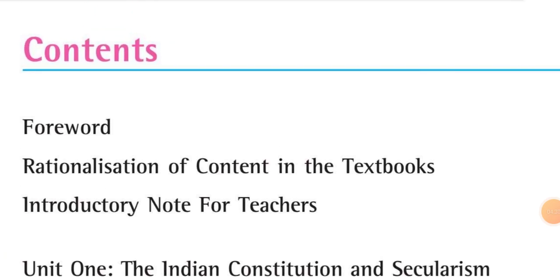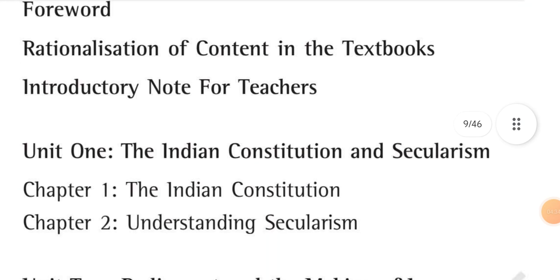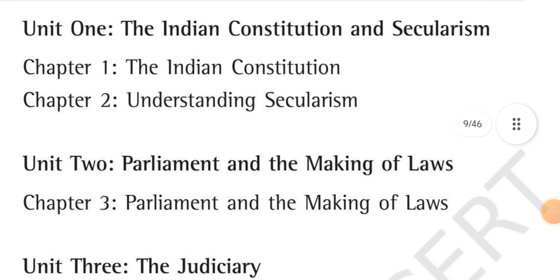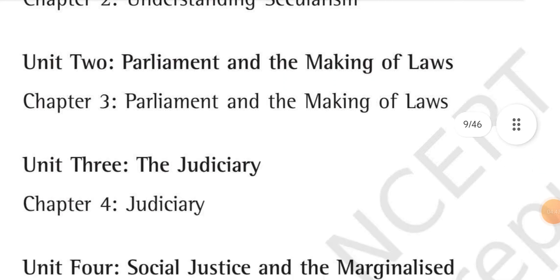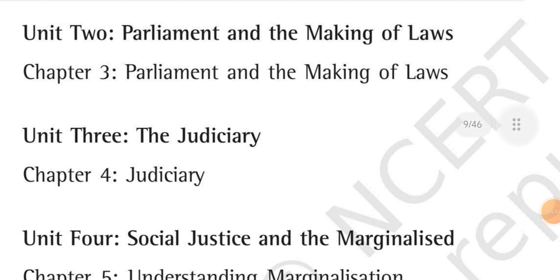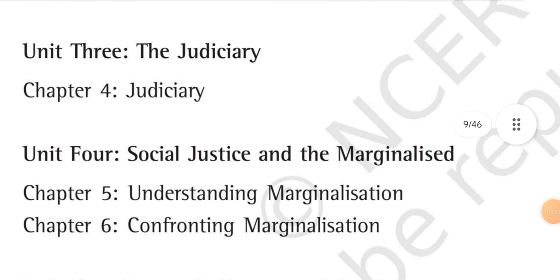Political Science. Contents. Foreword. Rationalization of content in the textbook. Introductory Note for Teachers. Unit 1 The Indian Constitution and Secularism. Chapter 1 The Indian Constitution. Chapter 2 Understanding Secularism. Unit 2 Parliament and the Making of Laws. Chapter 3 Parliament and the Making of Laws. Unit 3 The Judiciary.